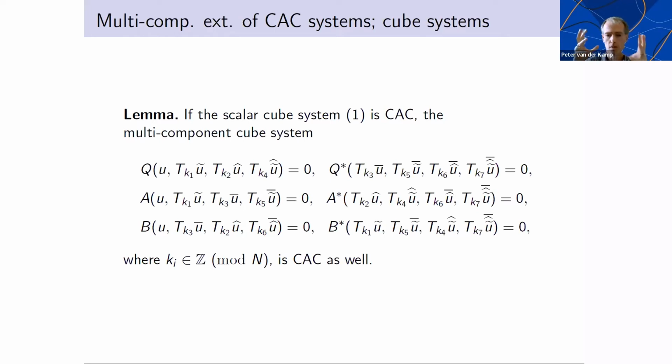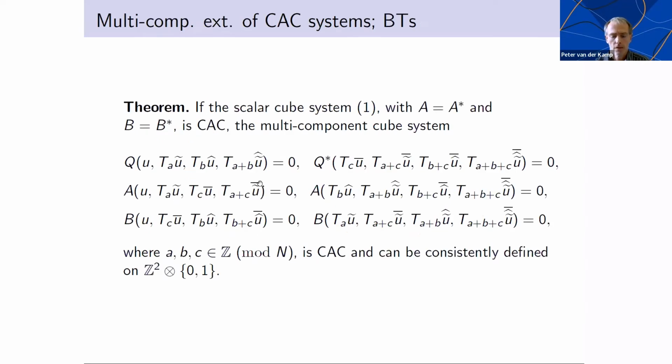If you think of the cube, the name of the variable doesn't really matter. So you can switch them around, and it is not difficult to see that this gives you a CAC system. Now, if you insist that the equations on the opposite faces are the same, then you have to be a little bit more careful.